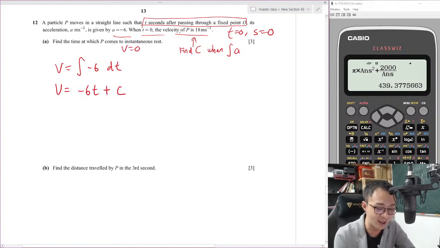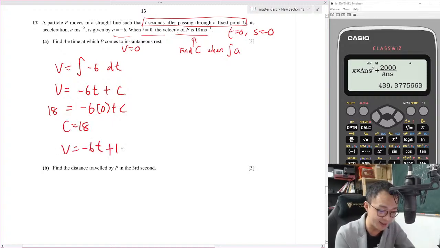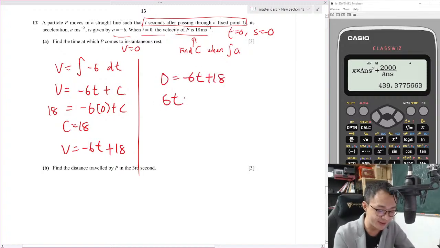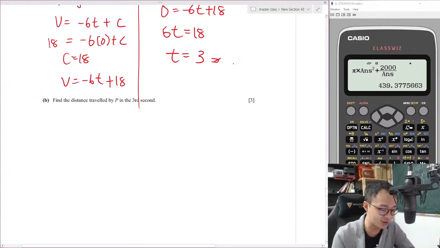This is the reason why I have this information: when t equals 0, my v is 18. So c is 18, right? So v equals -6t plus 18. Now when my particle stops, -6t plus 18 equals 0, 6t equals 18, t equals 3. So this is the time when the particle stops.